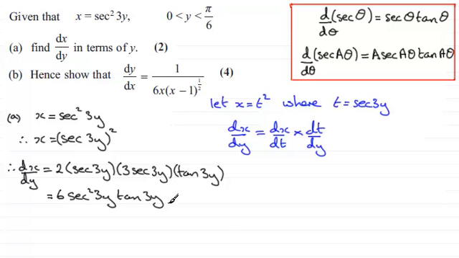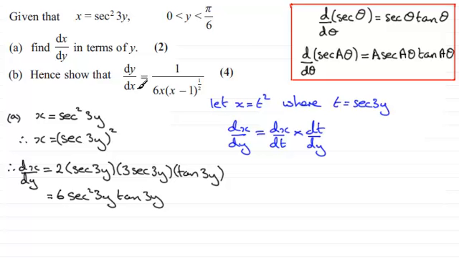Now for part B then, we've got to hence show that dy by dx is this fraction here. And to do that, I've got dx dy, so it'll just be a case of inverting it to get dy by dx.